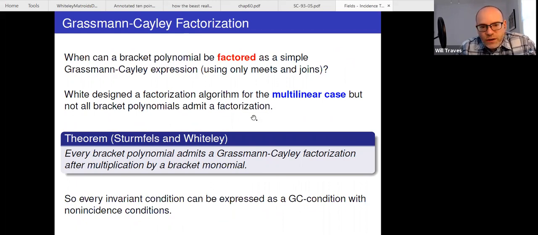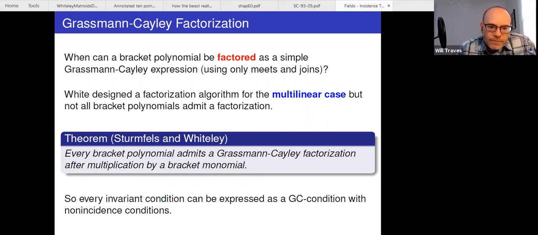And it turns out that not every bracket polynomial admits a factorization, so that makes life a little bit more complicated. In the multilinear case, when each symbol appears once in each term, then Neil White designed a factorization algorithm.